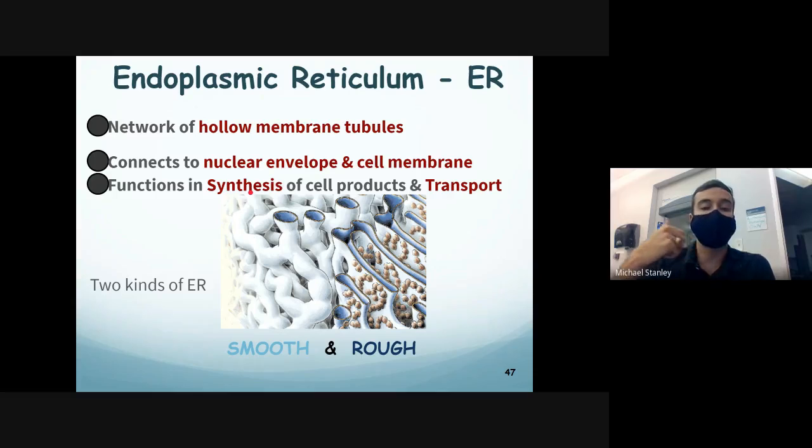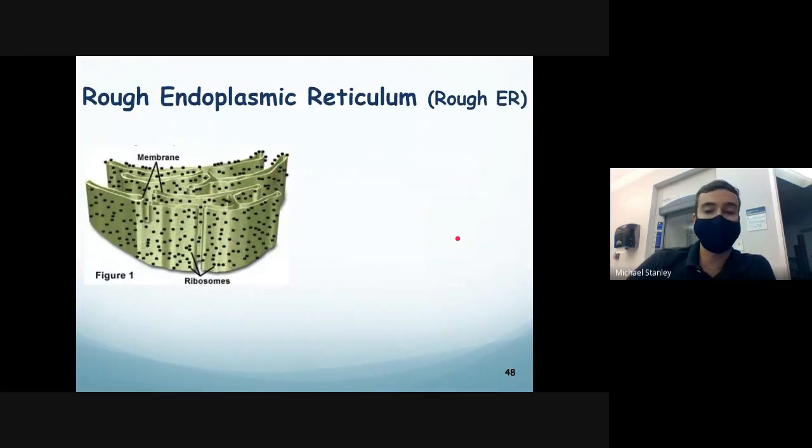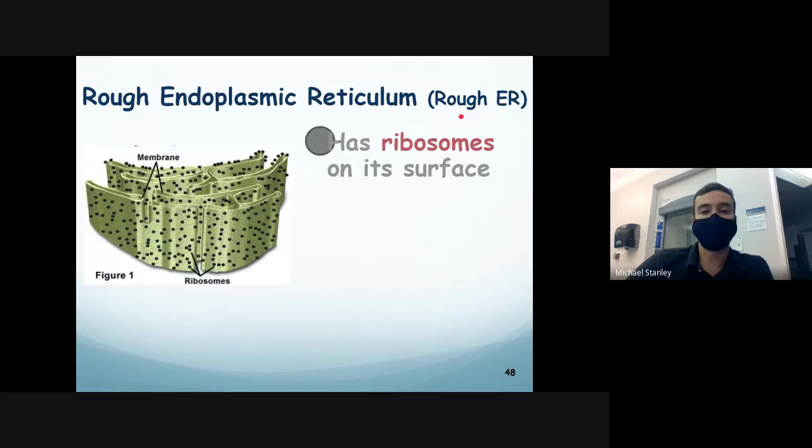So the ER functions in synthesis, which remember is our fancy science word for making or building things, and transport. So the ER plays a big role in transporting different products around the inside of the cell. So we're going to start off talking about the rough ER.